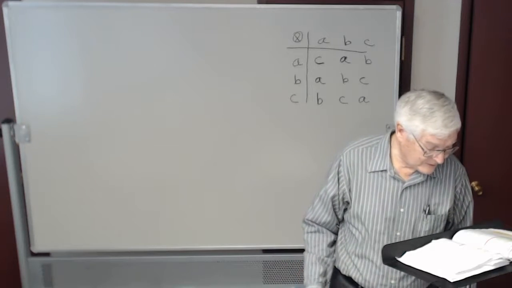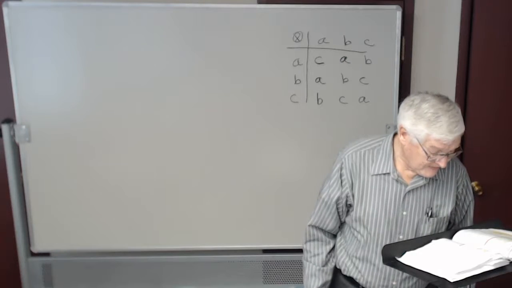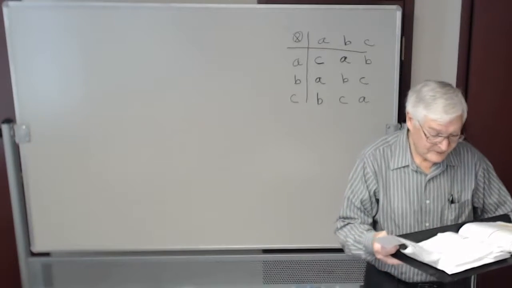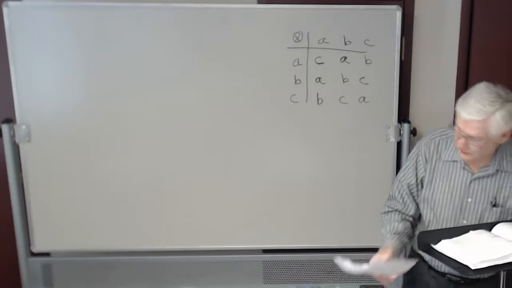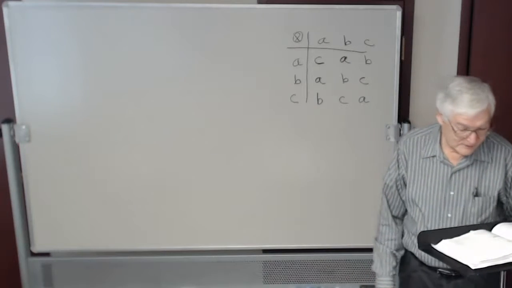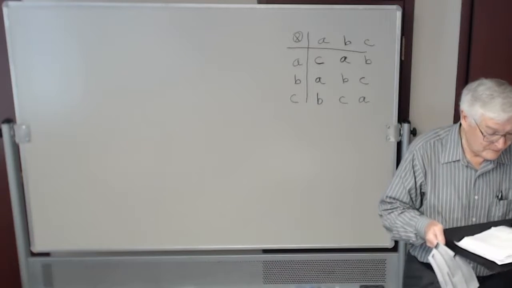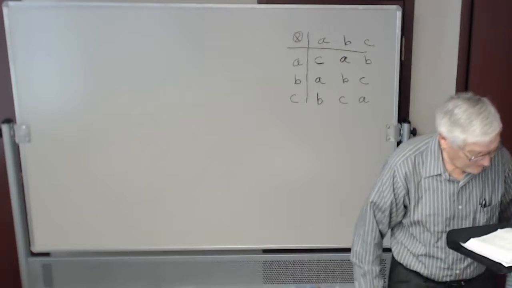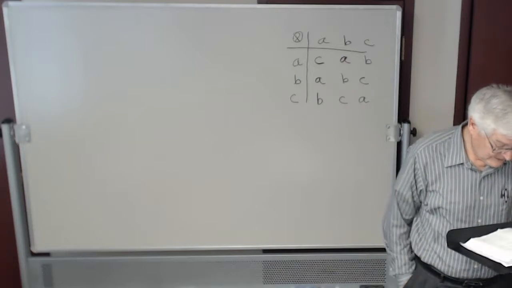So now let's see if we can work some problems here. In problems 1 through 7, we're using the picture on the board. It's also on page 643. And what does it say?